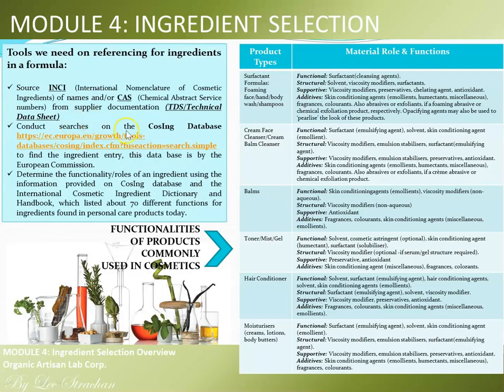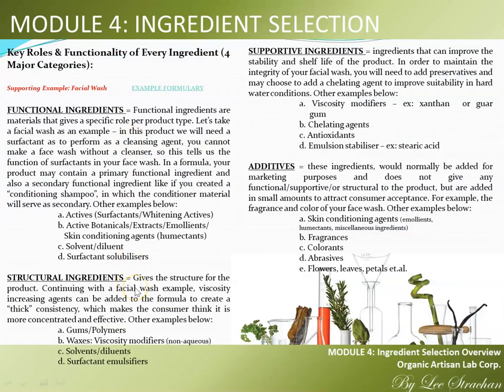Next is the structural ingredient. A structural ingredient gives the structure for the product. Continuing with the facial wash example, for example, the viscosity increasing agent can be added to the formula to create a thick consistency, which makes the consumer think it is a more concentrated and effective product. So examples of these are gums, polymers, waxes, which we use for balms, viscosity modifying, solvents and diluents, surfactants, and emulsifiers.